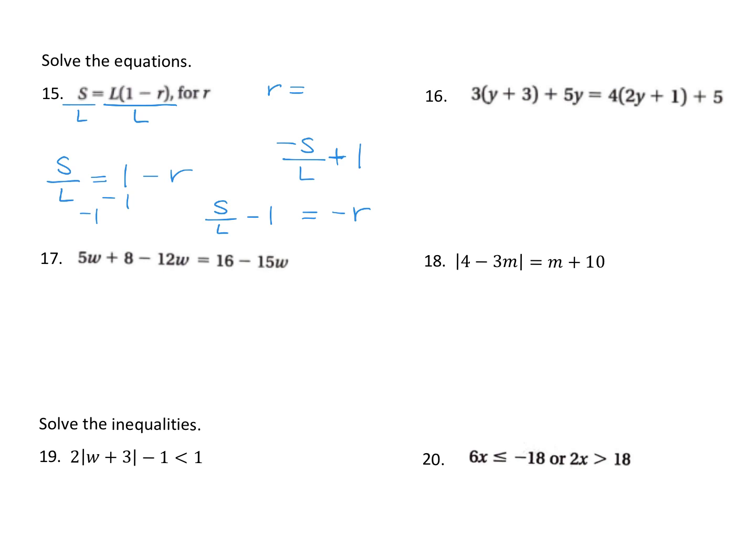Divide by -1 or multiply by -1. Neither one of those is wrong. I think it'll make more sense to you if you multiply by a -1 right now. I need to multiply this whole thing by -1, right? So now this is R. This has to get distributed to both.